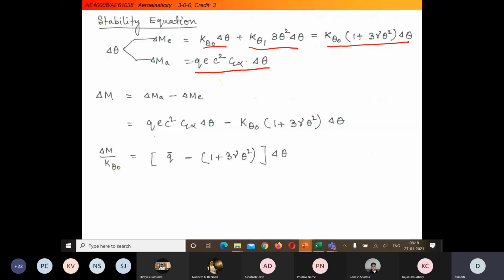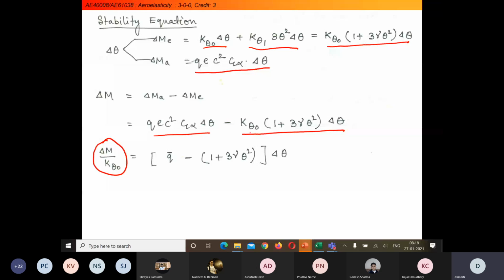In another way, just dividing the whole equation by k theta naught, delta theta by k theta naught, it will be q e c square C_L alpha divided by k theta naught.